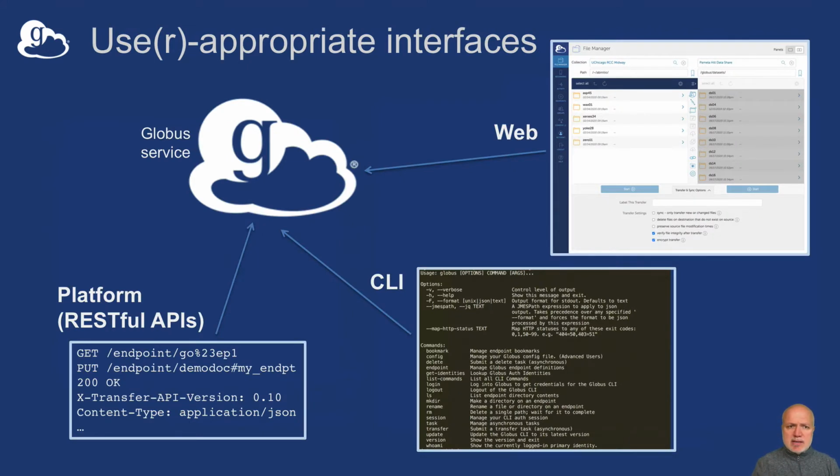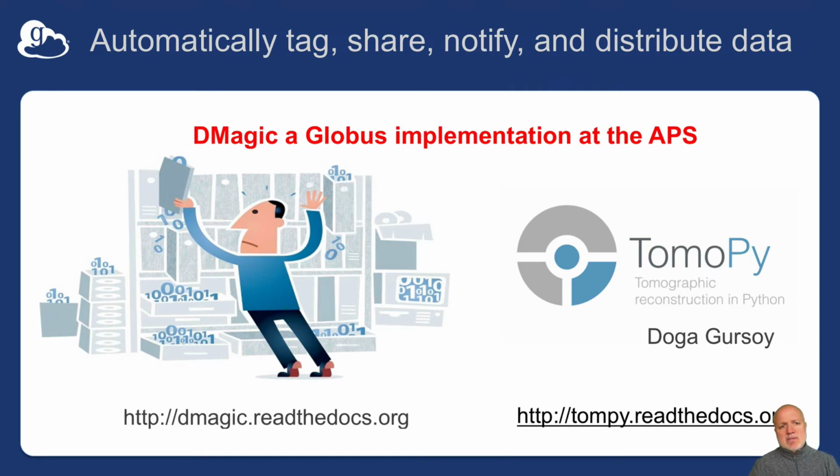I mentioned that Globus is often used through a web application, but there are other interfaces. There's a command line interface that can be used to script transfers and to automate to some degree sharing of data in a very simple manner. But then really what people have gone out and built is these large custom solutions to automate the process end to end.